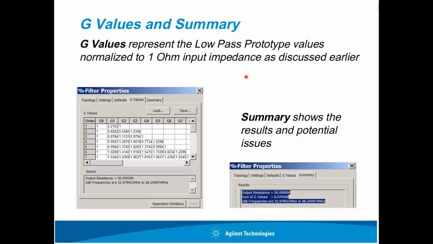And this is true even for elliptic filters. So the G values calculated for the currently selected filter design are shown in this G values tab. The summary tab shows the summation of the G values, and this quantity can be used to estimate the filter insertion loss and group delay for frequencies well removed from the cutoff.